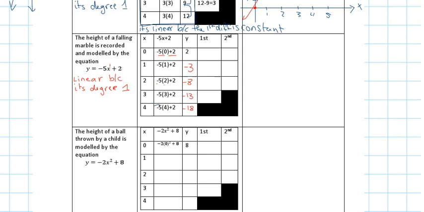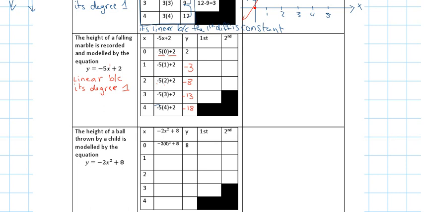Now, after I finish finding the y values, what I have to do is find the first difference. To find the first difference, I have to do what? What do you have to do to find the first difference? y2 take away y1.